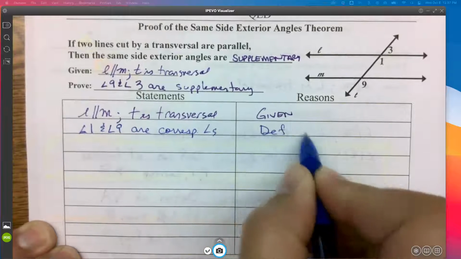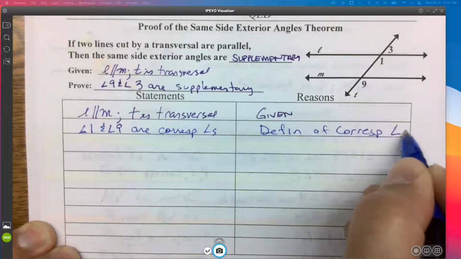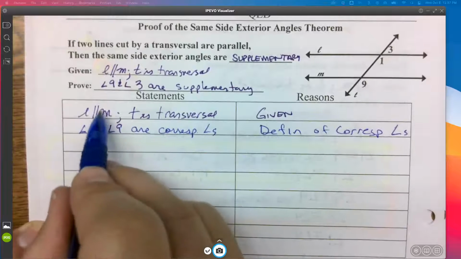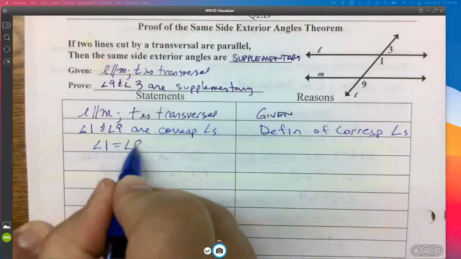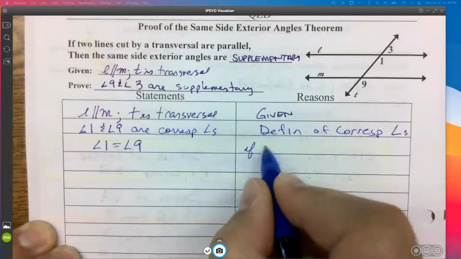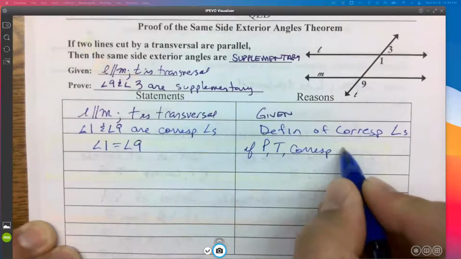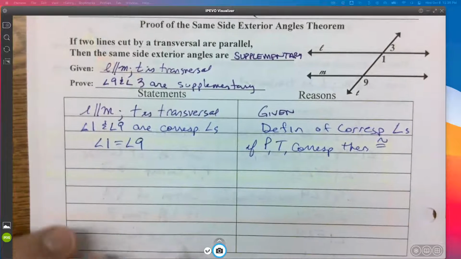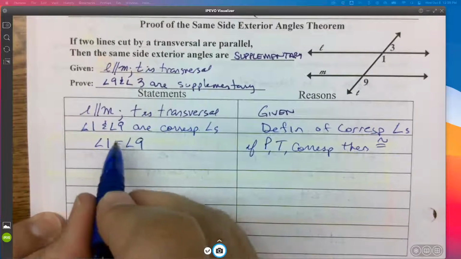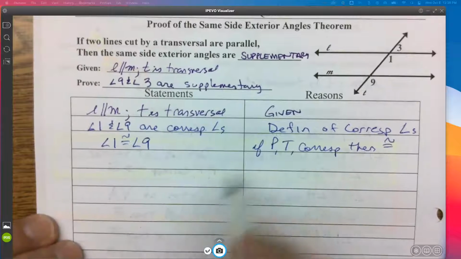That's the definition of corresponding angles. And once they're corresponding and parallel and transversal, I can say that angle 1 is congruent to angle 9, because if parallel, transversal, corresponding, then congruent. Now I'm just going to leave that sitting for a second, and I'm going to start the next part.